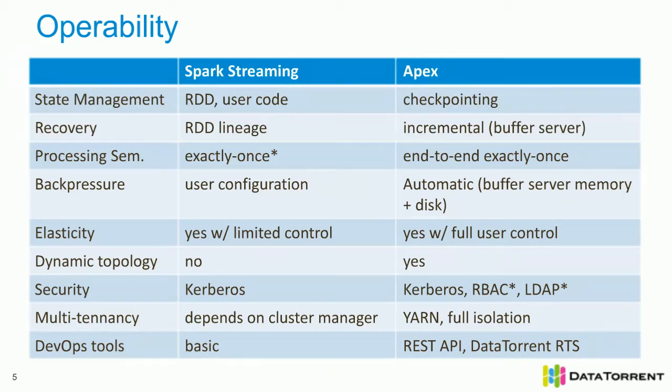All of these functions are available in the management console. I think it's a very good offering, and generally the ops people love it. They also love the DataTorrent RTS installer that makes it really easy to install on an existing Hadoop cluster.